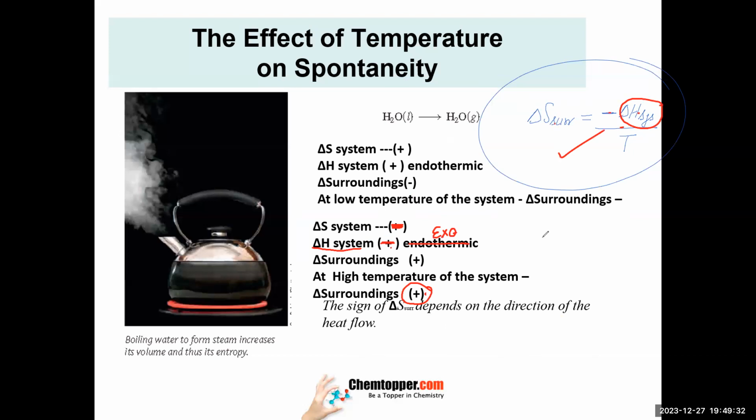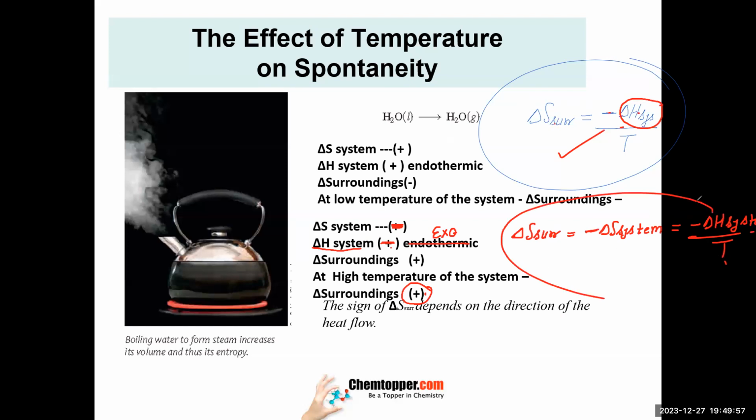Okay, or you can see delta S surroundings is minus delta S system, which is equal to, this minus is there, right? Minus delta H system over temperature.